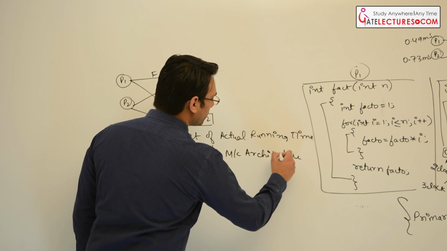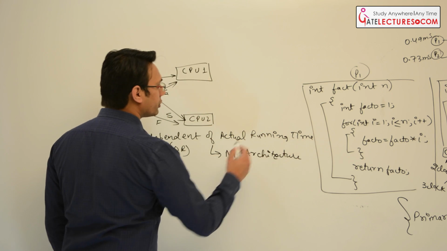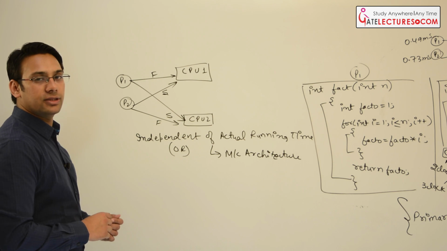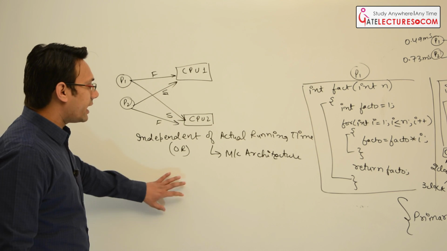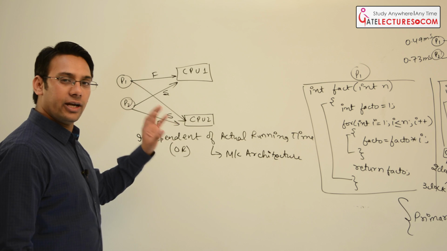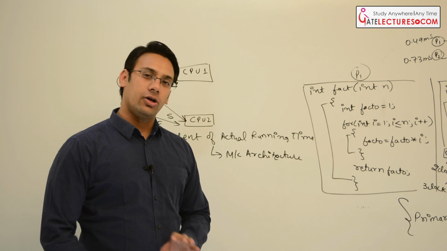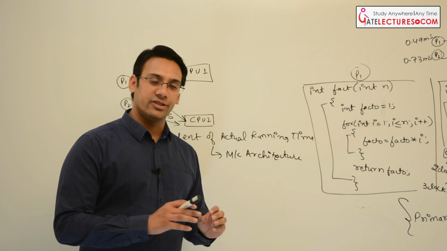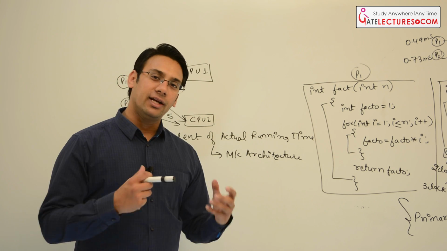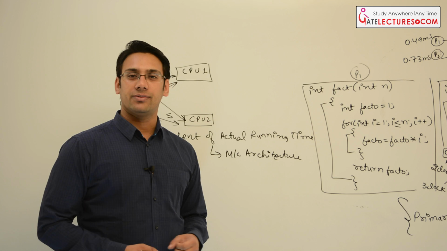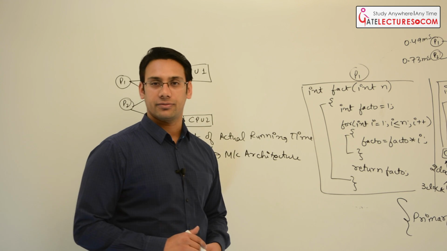Whatever criteria you use to compare these programs should be independent of your machine architecture. It does not matter on what machine you run these programs. You should be able to compare two programs, not on the basis of actual running time.